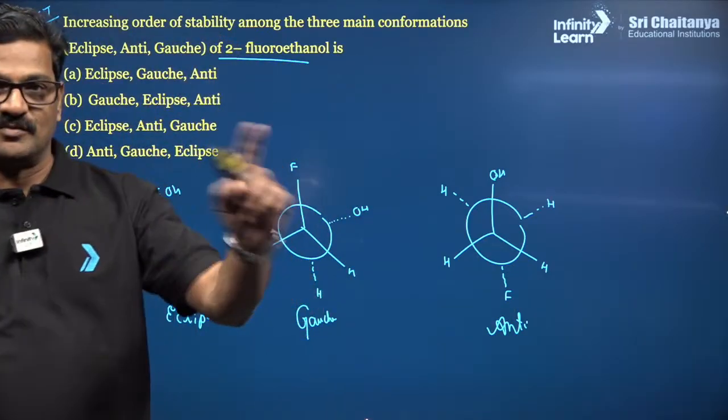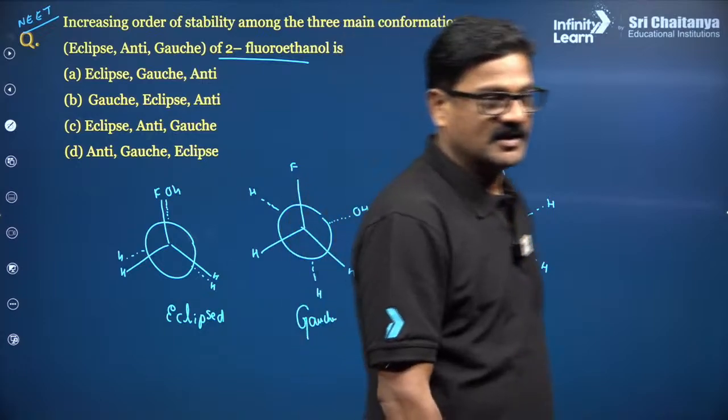Generally, anti is more stable than gauche, which is more stable than eclipsed.